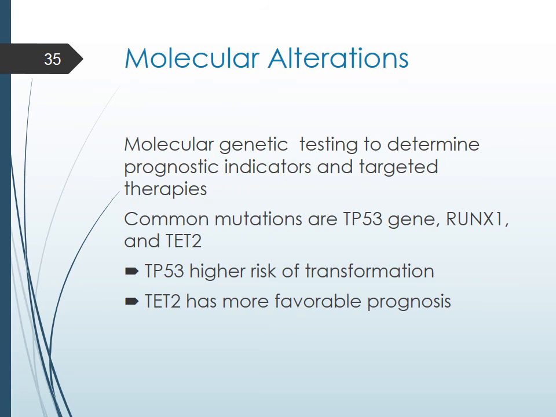So when there's a mutation in P53, the MDS patients that have this are linked to poor prognosis. Then you have the RUNX1, which is a regulatory transcription factor for hematopoietic differentiation, and point mutations have been observed in some of the patients with MDS, 20% of them.